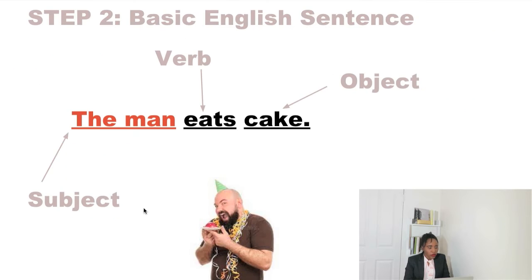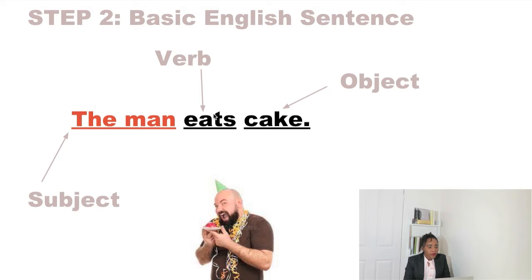Okay, so once you have those, I've actually got an illustration here for you of the very use of those words, which I have converted into a sentence. The man eats cake. Please repeat after me. The man eats cake, and you can see him depicted here eating cake.